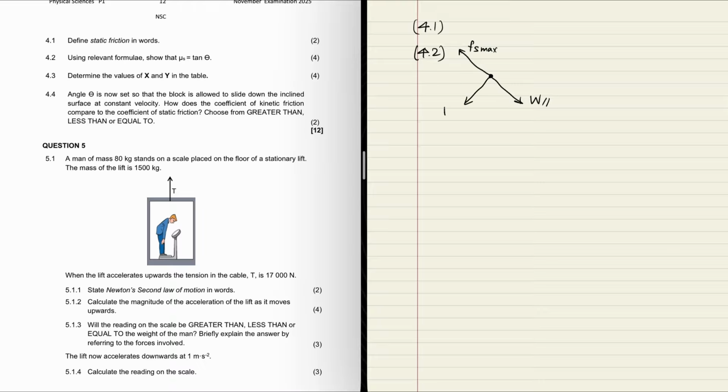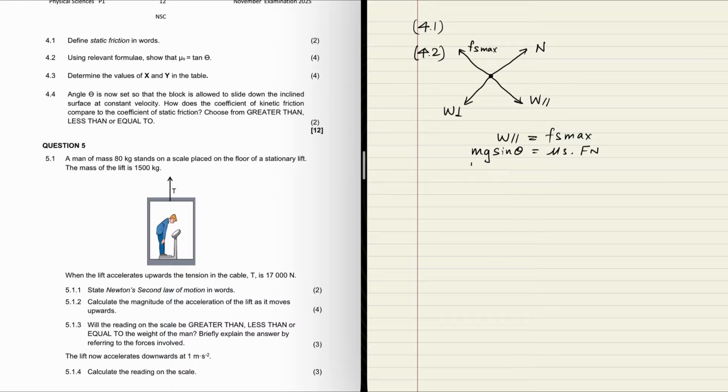There's also W perpendicular, and lastly, the normal force. Now remember, this is just about to move, so W parallel is equal to Fs max. Now W parallel can be rewritten as mg sine theta, and Fs max is mu s times Fn.